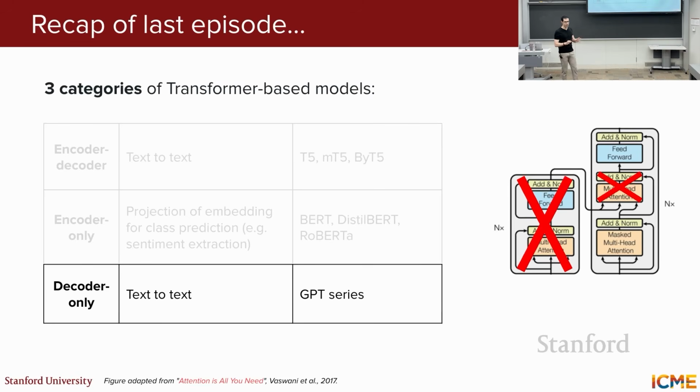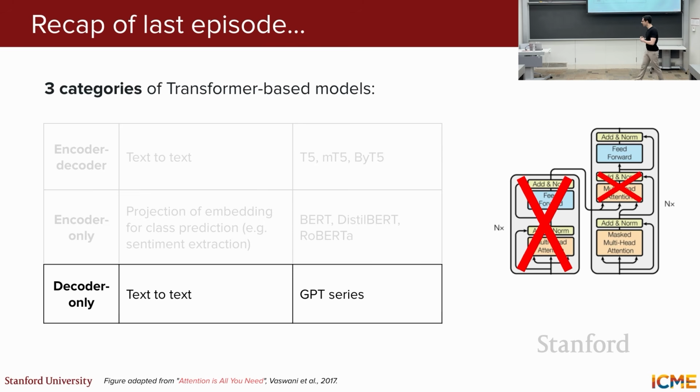And then last but not least, we have the third category of models, which is decoder-only. We only keep the decoder part of the transformer, and here we also do a little bit of a modification. We remove the cross attention because we don't need it anymore, since we don't have an encoder.